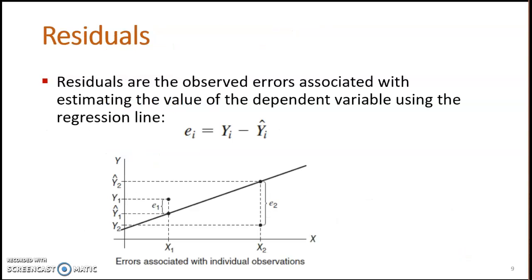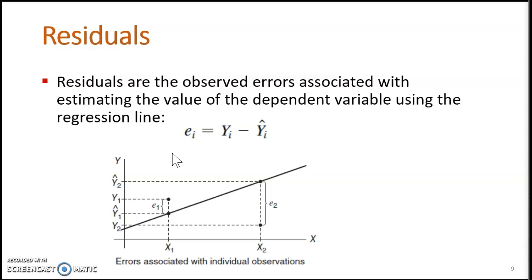One way to quantify the relationship between each point and the estimated regression equation is to measure the vertical distance between them, as we can see here in this particular graph. We can think of these differences as the observed errors, often called the residuals, associated with estimating the value of the dependent variable using the regression line.